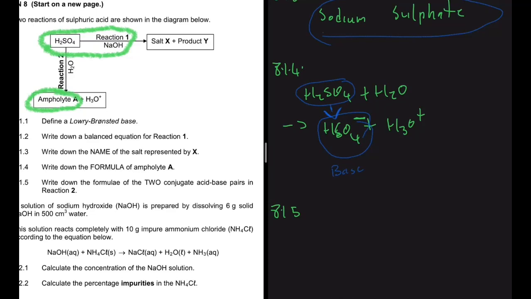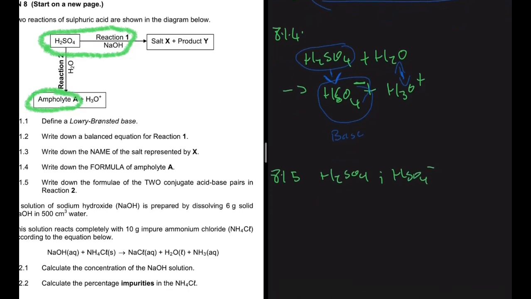So if this pair is acid and base, then the other pair by default will be our acid and base. So we can say H2SO4 and HSO4 minus is an acid base conjugate pair, and then H2O and H3O plus is another acid base conjugate pair. So whatever remains when an acid has donated a proton is the conjugate base, right? That's the rule of thumb.